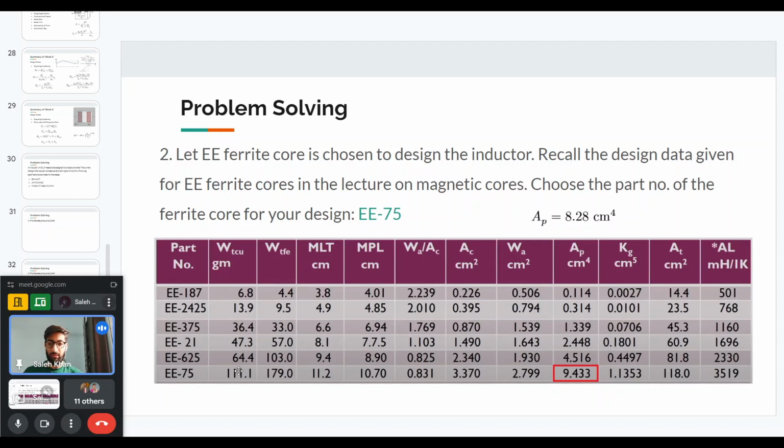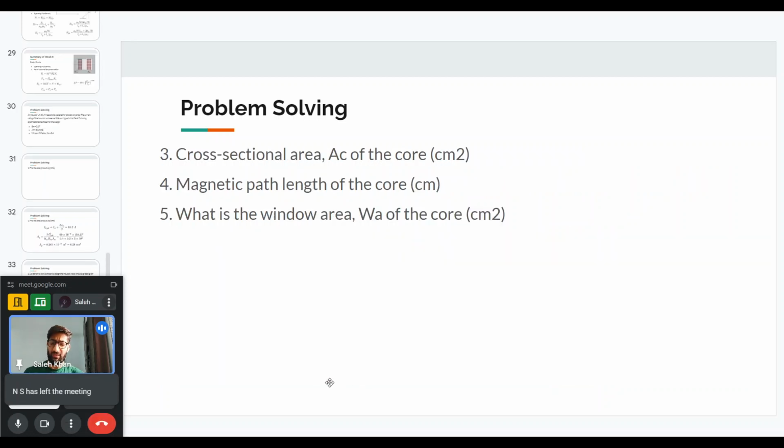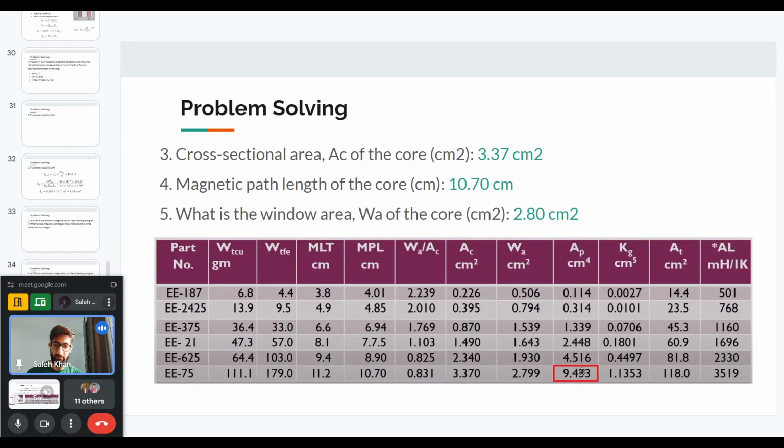And then we can use this table to get the other design data. We are asked for the cross-sectional area in centimeter square, the magnetic path length in centimeter, and the window area in centimeter square. Again, we use the same table. The cross-sectional area Ac is 3.37 centimeter square.